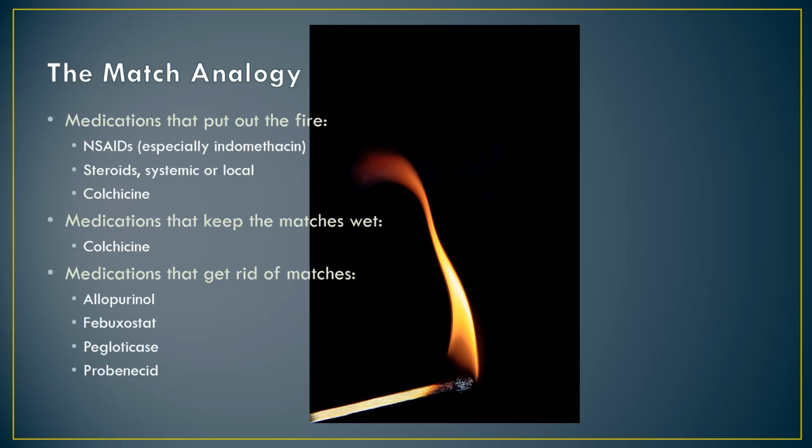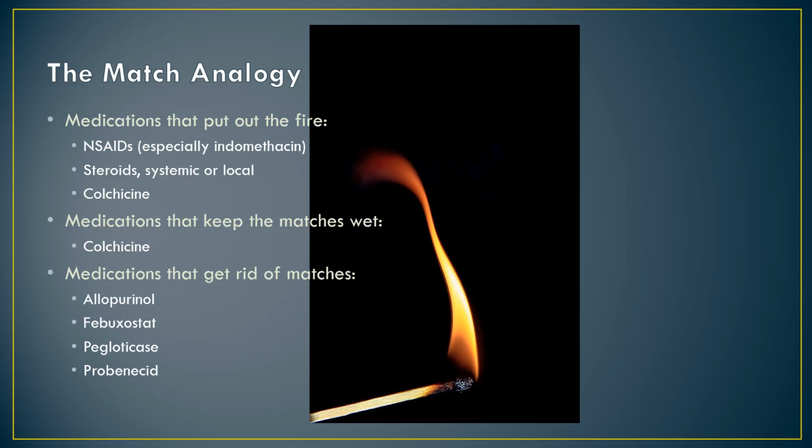Okay, so when we want to treat the fire or put down the inflammation, we typically use one of three classes of medications. The first one are the non-steroidal anti-inflammatories. These are very good at treating acute gout and usually are going to be first line, except for the fact that many of these patients have chronic kidney disease or maybe heart disease, so often we're limited.